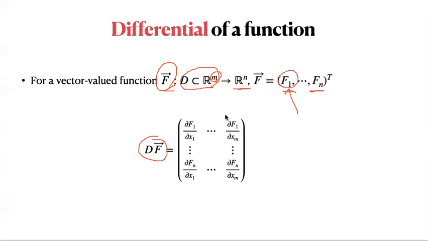So for f1, we can differentiate with respect to the x1 direction, x2 direction, like that, up to the xm direction. And like this, we can differentiate fn with respect to x1, like that, up to xm. Okay, so we get this matrix. It is an n by m matrix.